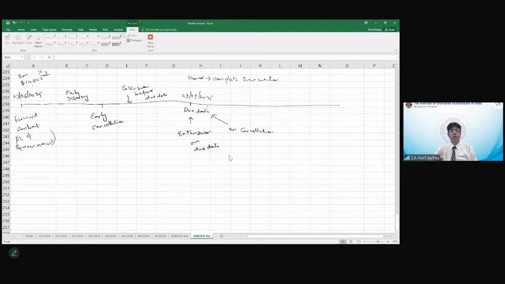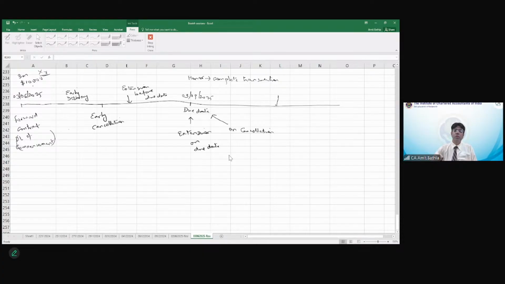Now, this contract was due on 3rd September. Maybe 3rd September was falling on Saturday. I did not pay attention to it or something. And now I'm reaching out to the bank on 5th of September, which is a Monday. And I tell them that I'm sorry, I haven't received the money from my customer. He has asked for extension. So I also reach out to you asking for an extension.